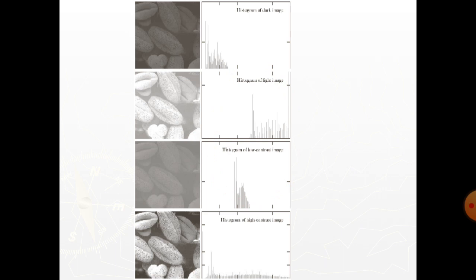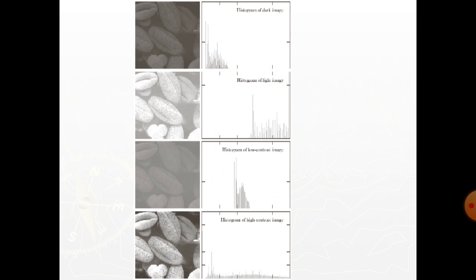In the dark image, the components of the histogram are concentrated on the low side of the gray scale. Similarly, the components of the histogram of the bright image are biased towards the high side of the gray scale. An image with low contrast has a histogram that will be narrow and centered toward the middle of the gray scale.